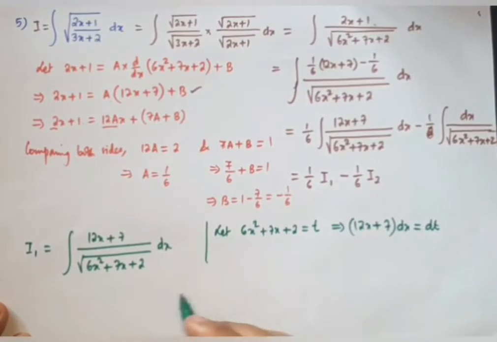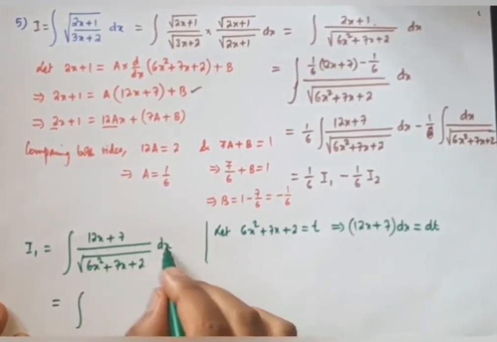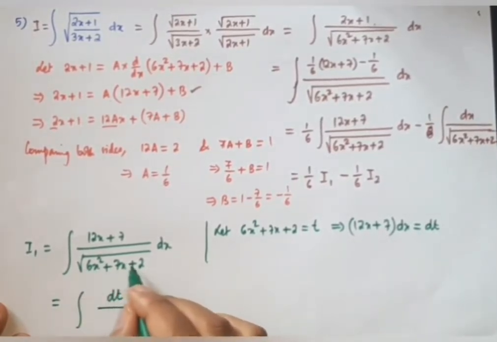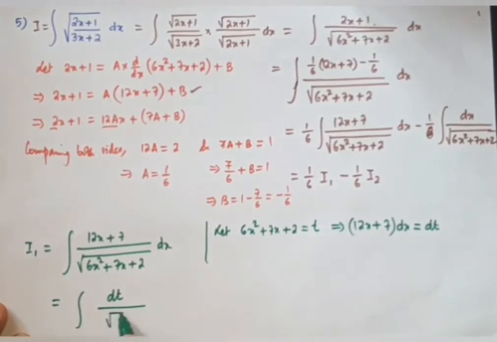Okay, so therefore I1 turns into the integral of dt by square root of this whole thing, which is how much? t, so square root of t.